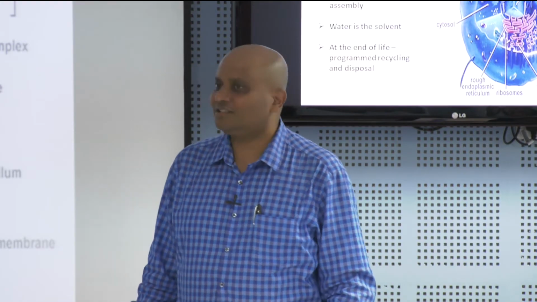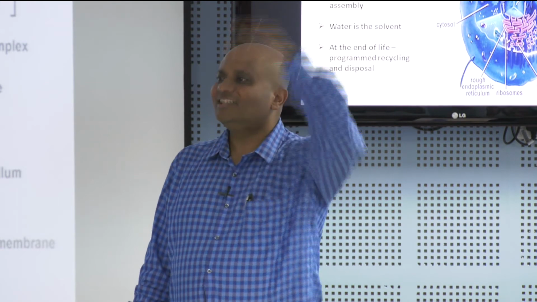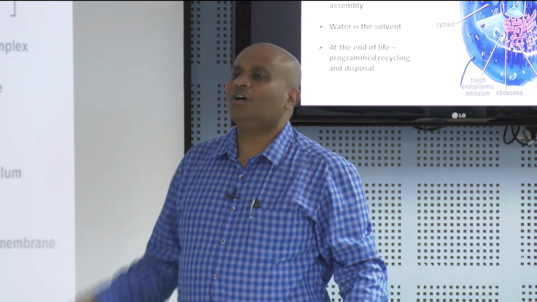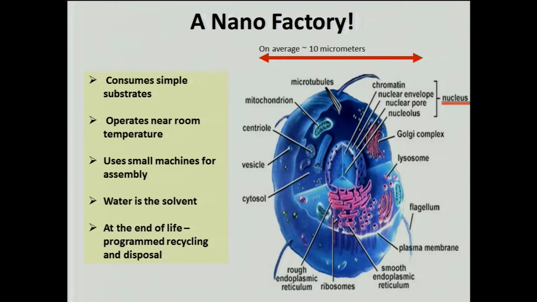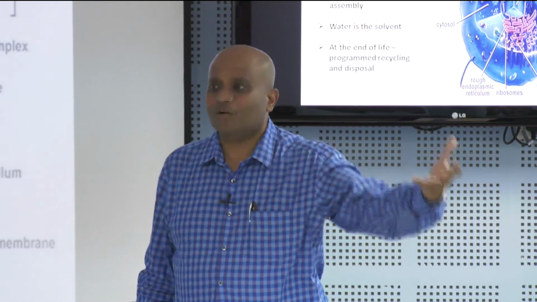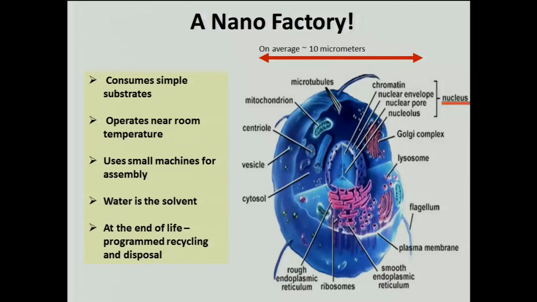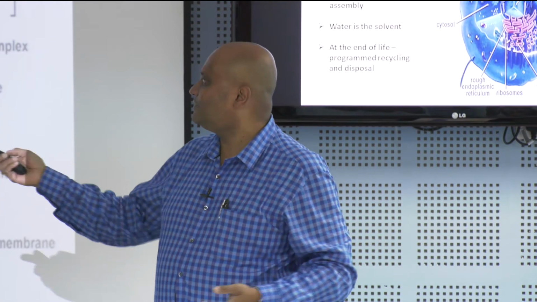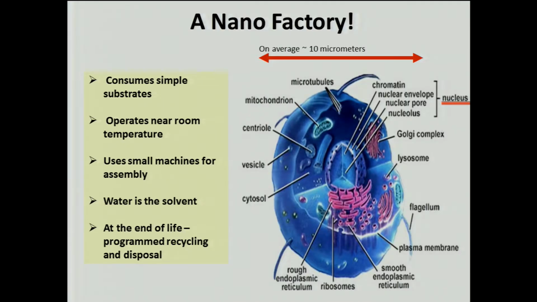Does any factory work at 37 degrees? No, they work at high temperatures. Because of the high temperatures, all the other problems come in. We use organic solvents which we have to dispose of; we would try to use water as a solvent. And the most important thing about the cell is that it has programmed recycling and disposal.